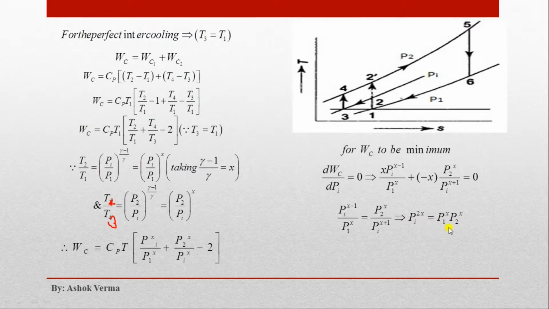So here you can see Pi will be the square root of P1 into P2. So here we have found that for minimizing the work input, the optimum intermediate pressure should be the square root of the initial pressure and the final pressure.